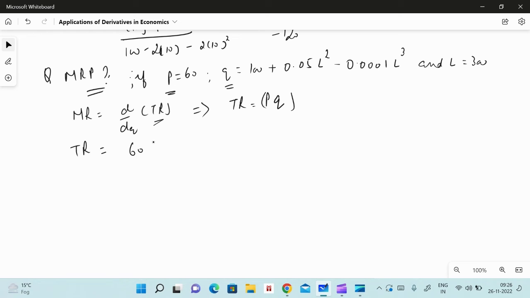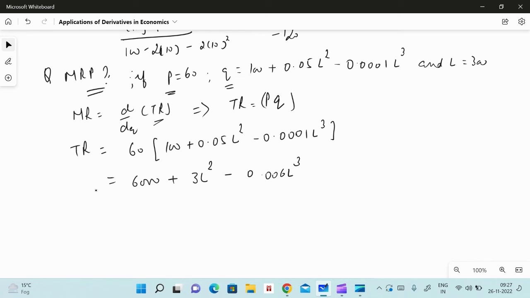So TR equals 60 into 100 plus 0.05 L square minus 0.0001 L cube. This gives me 60 into 100, which is 6000, plus 60 into 0.05, which gives 3 L square, and 60 into 0.0001 L cube gives 0.006 L cube. This is the value of TR.